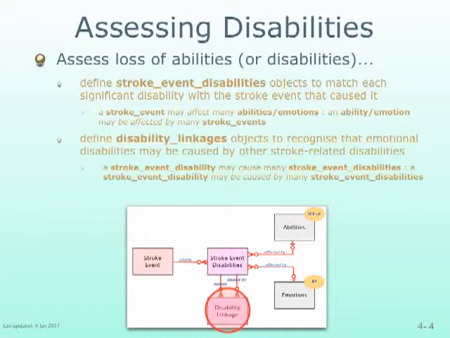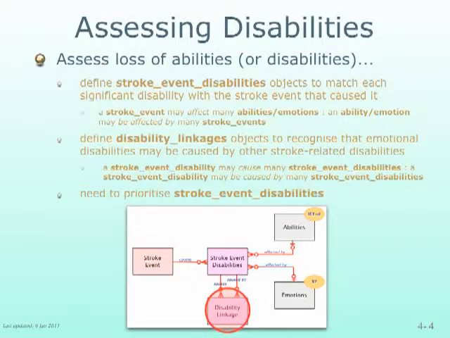And third, by recognising the need to prioritise stroke event disabilities so that the disabilities that impact most on a survivor's capacity to live safely in the community or to experience an acceptable quality of life can be addressed as soon as possible.